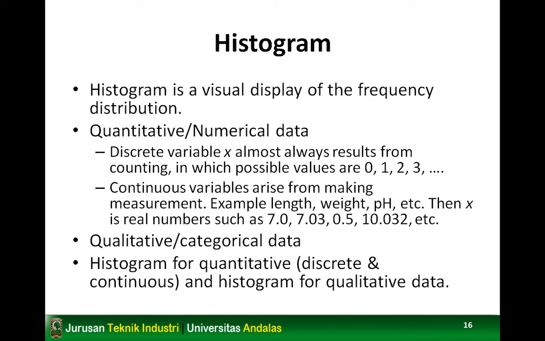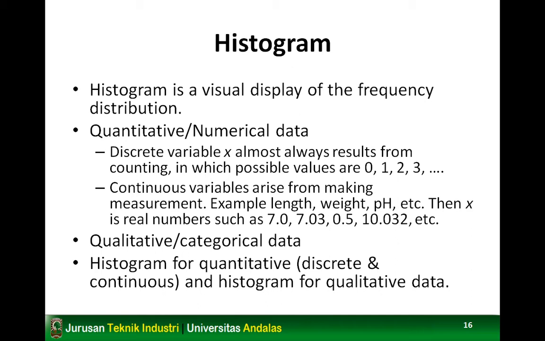And the histogram can be used for counting data. If you remember, counting data means data that start from 0, 1, 2, 3, 4, and so on and so forth. With counting data, you cannot have negative values and you cannot have fractions or decimals.